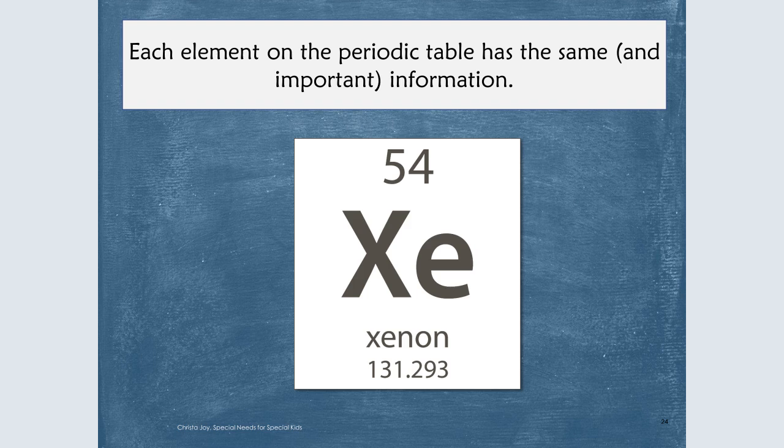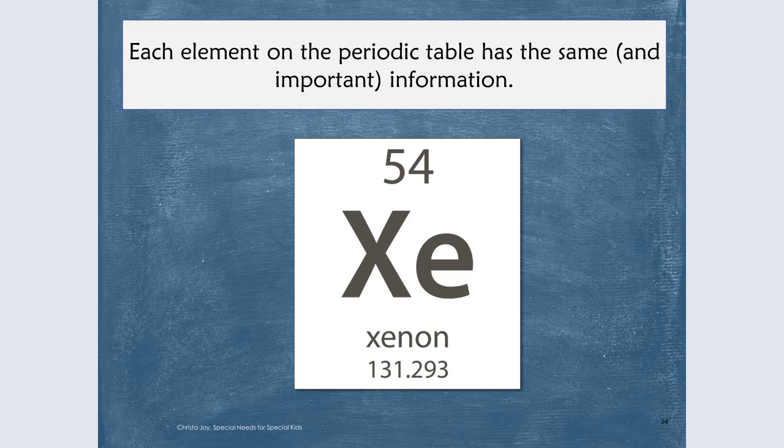So let's look at the information, the numbers. The number here, 54, is the smaller number. Sometimes they put it on the bottom, sometimes on the top. It is the number of protons in the nucleus.